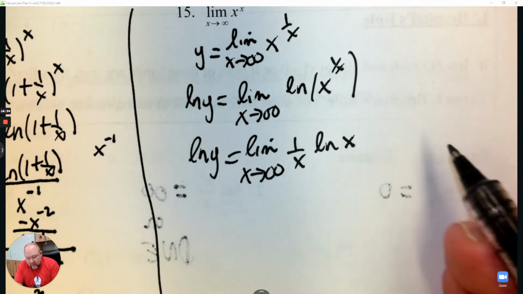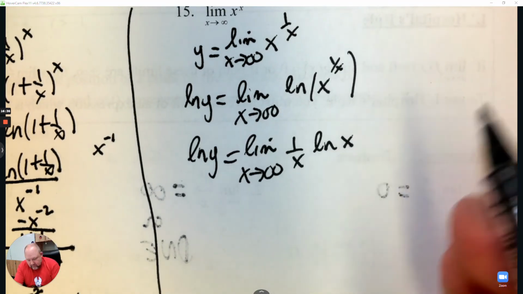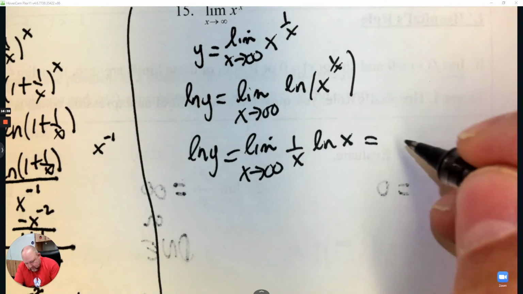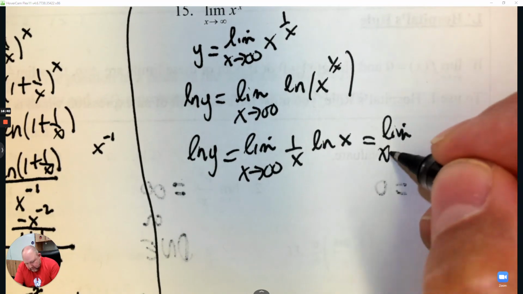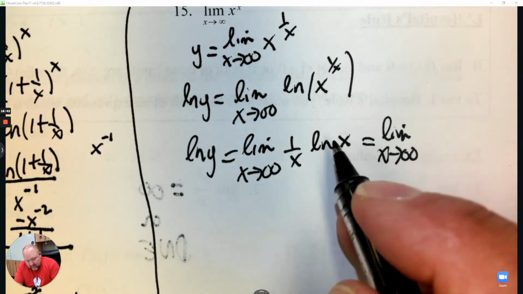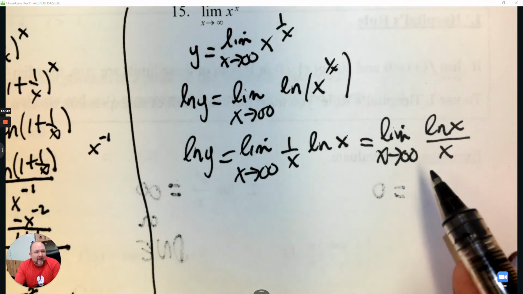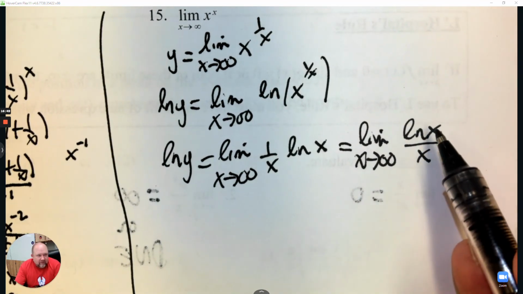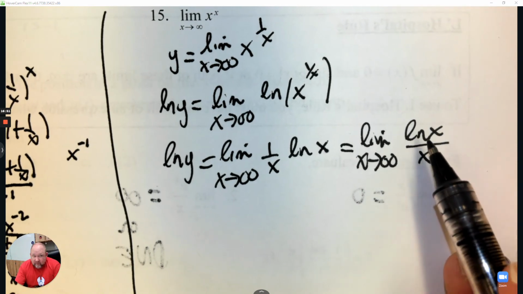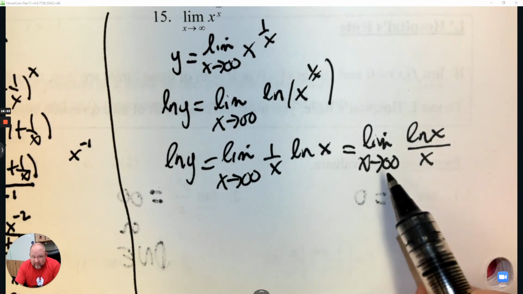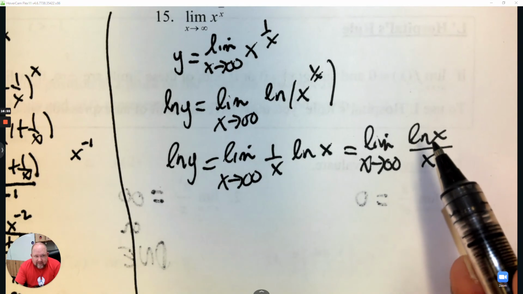And then as you can see, you could write this as a quotient, so I could do L'Hopital's rule. So I'm going to write down the limit as x approaches infinity of 1 times ln x over x. This is going to be infinity over infinity. A logarithm's end behavior is infinity, it just goes there slowly.